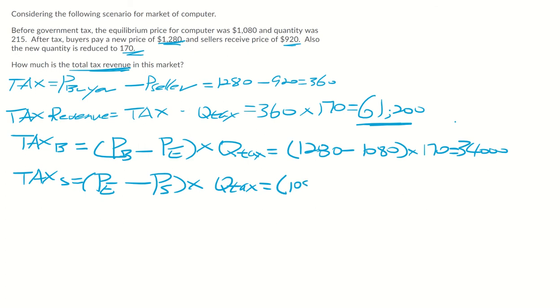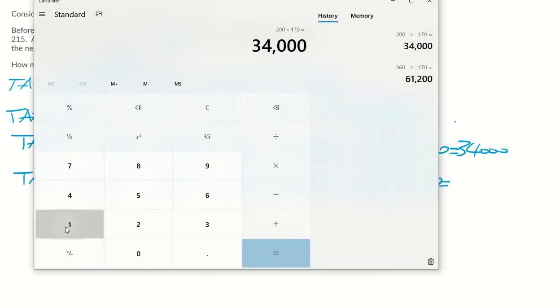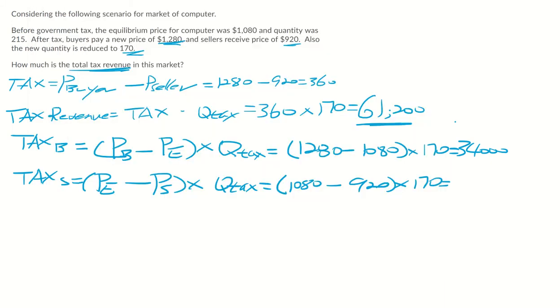That's how much they were getting before the tax. Subtract the new price they were getting, 920, and times 170. So this would be 160 times 170, and the answer is 27,200.